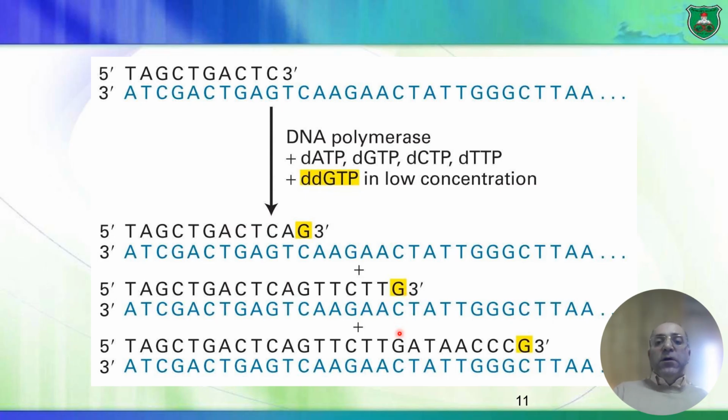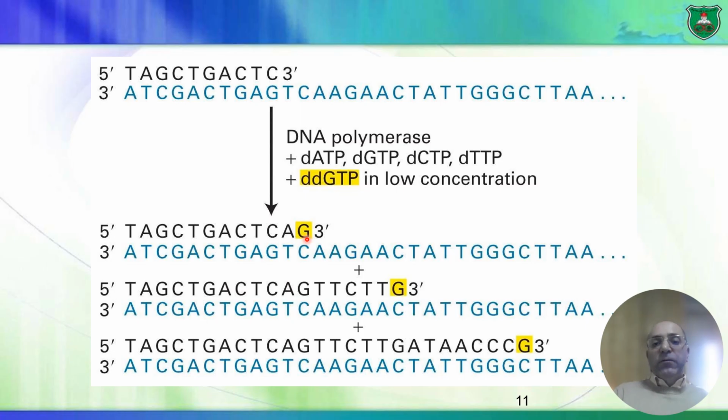So for the other 800, synthesis continues, and again there's a C. So let's say that it adds a dideoxy G to 100 and a deoxy G to the other 700, and so on. So here for the strands where the dideoxy G is added, synthesis stops.